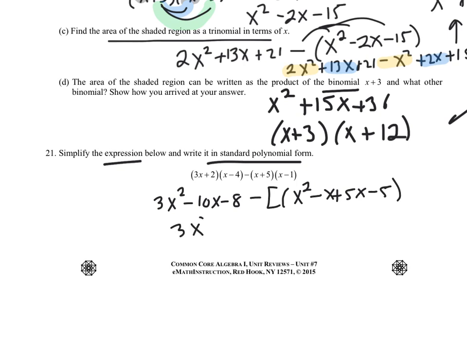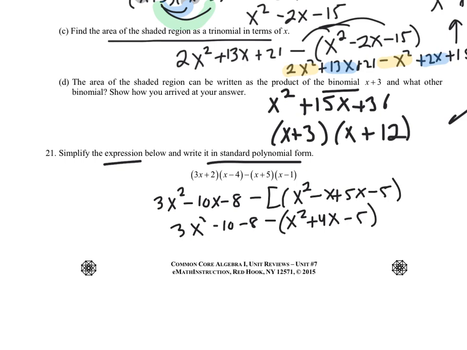And when we finally simplify the right side, it's going to be x squared plus 4x minus 5.